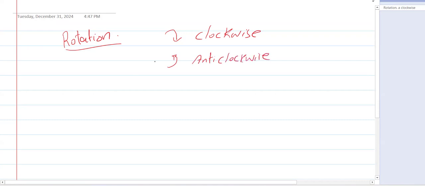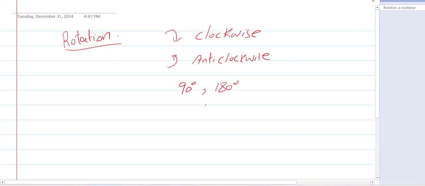And obviously, you will rotate to an angle. In IGCSE, you need to know the rotation clockwise and anti-clockwise, both 90-degree and 180-degree. These rotations we need to know. Okay, how will we do the rotation?